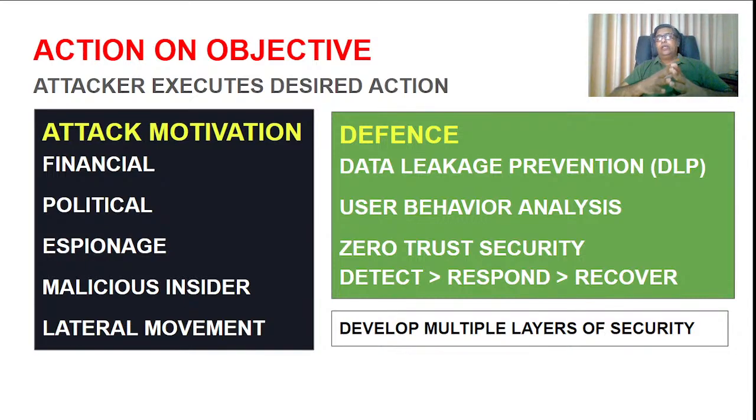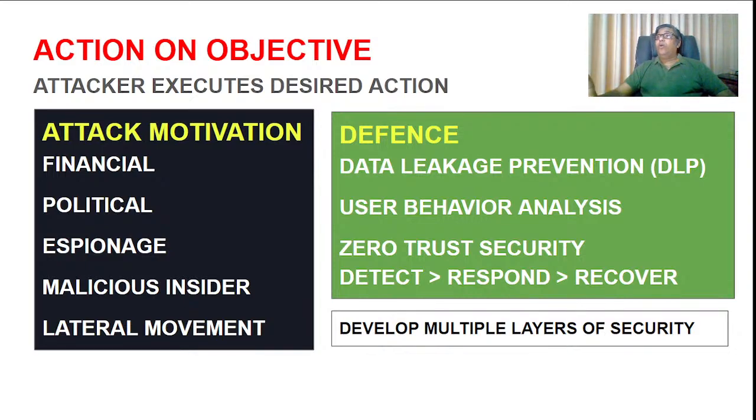So your defenses are data leak prevention mechanisms, user behavior analysis of what they do, what they access, how frequently, and what kind of data they download. Zero trust security is very important.